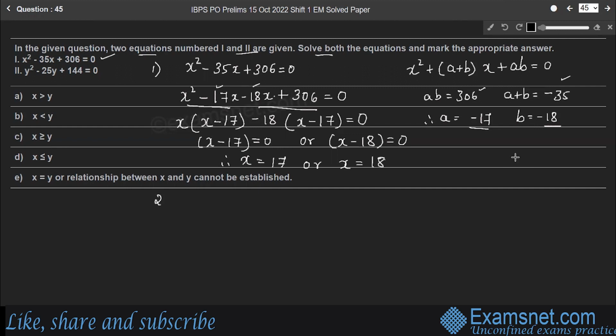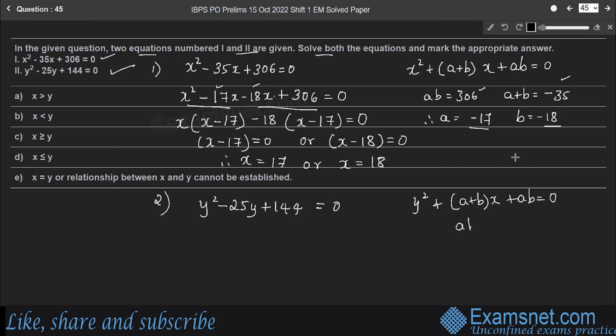So, next step is to find the value of y. In the equation y square minus 25y plus 144 is equal to 0, again the equation is in the form of y square plus (a plus b) into y plus ab is equal to 0.